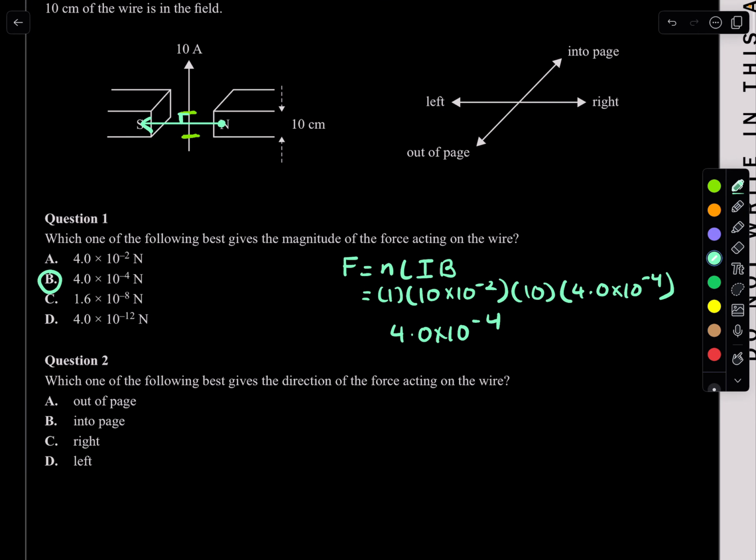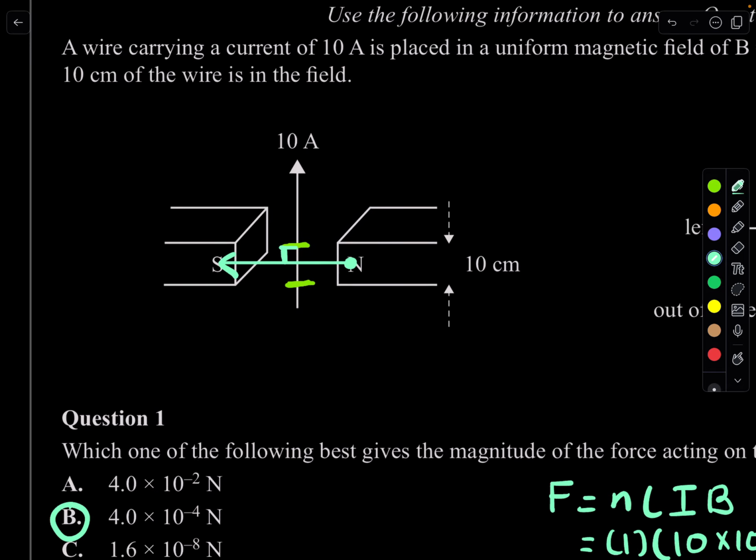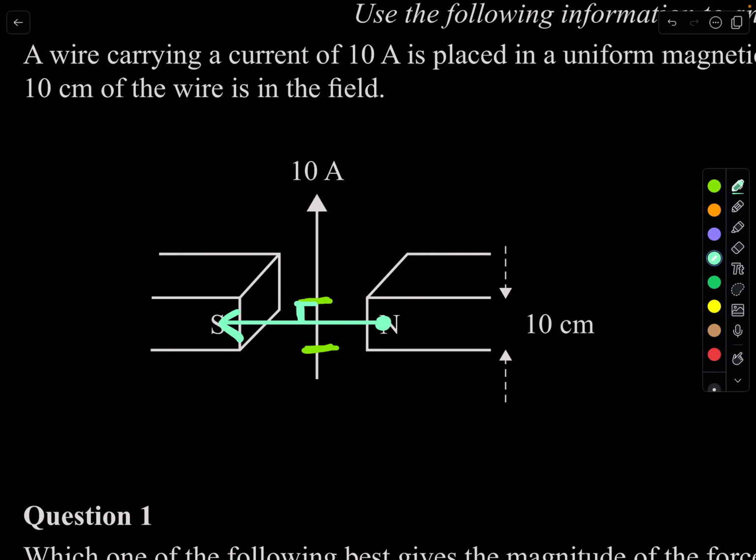Easy. Which of the following best gives the direction of the force acting on the wire? This is easy because the way you do this is you use the right hand slap rule. Your thumb is the direction of the current, so your thumb should be acting upwards.